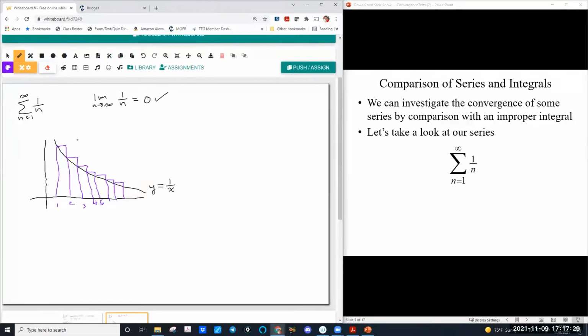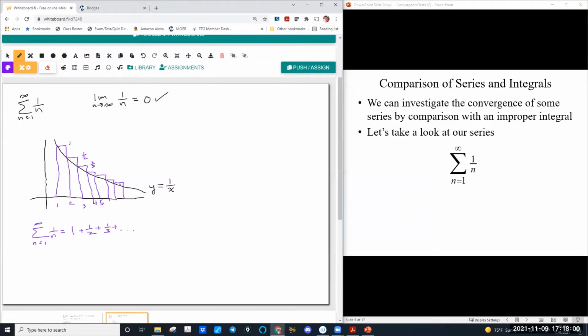Remember, this function is 1 over x, and the height of this block is 1. The height of this block is a half. Height of this block is 1/3. So on and so forth. Those are the first few terms of this series, n equals 1 to infinity of 1 over n. Well, the first term is 1, second term is 1/2, 1/3, so on and so forth.